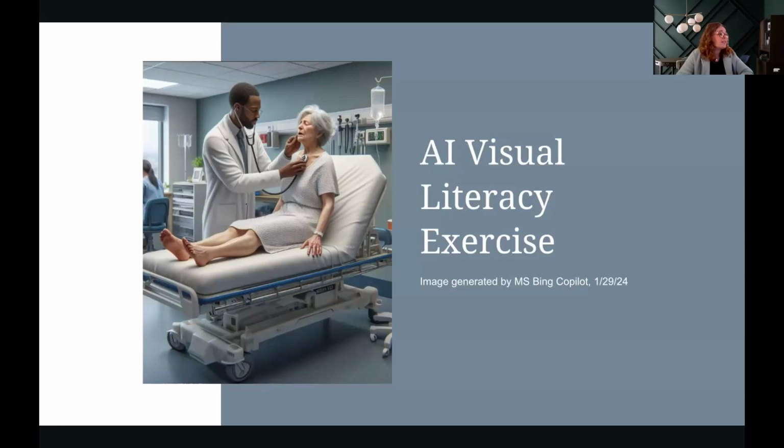What I'd love for you to do is take a look at the image, jotting down what you're seeing, any words that come to mind that describe it, specifically noting what you think is significant about the image and any anomalies that you observe, which I'm sure you can observe a lot more than we can, given your expertise in the subject. Feel free to throw any of those observations in the chat, and then we will talk about them. So again, just some quiet looking, noting what we're seeing, and then some discussion.